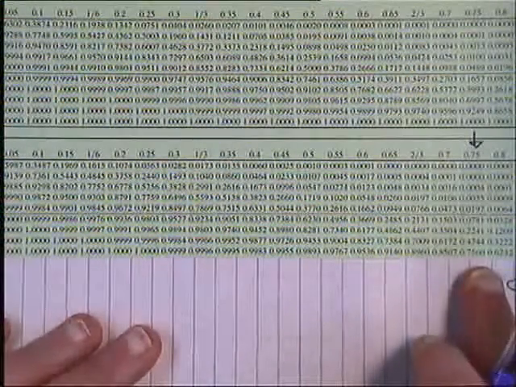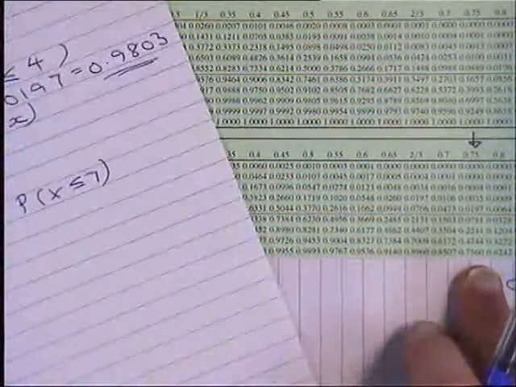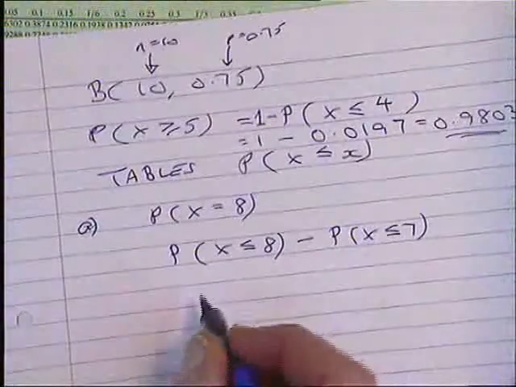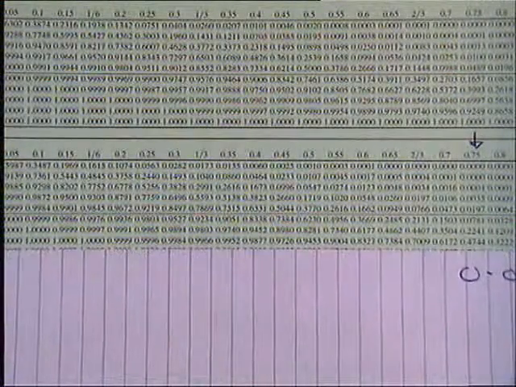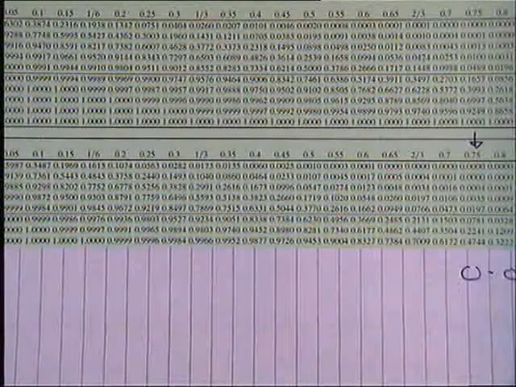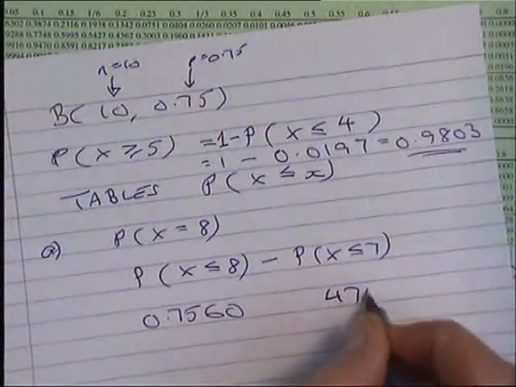So in the tables again, in that same column, if you go down and find your 8 number, the 8 number I'm getting is 0.7560, if I've read that right. The 7 number I'm getting as, what's anybody else got the 7 number to be? 0.4744.